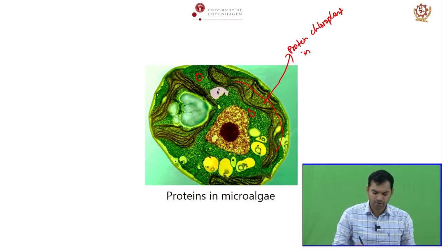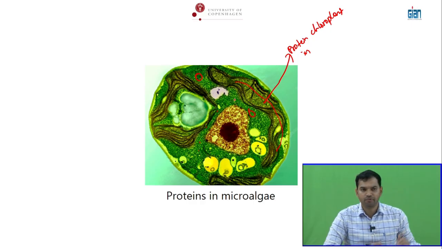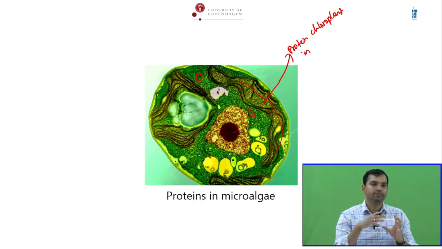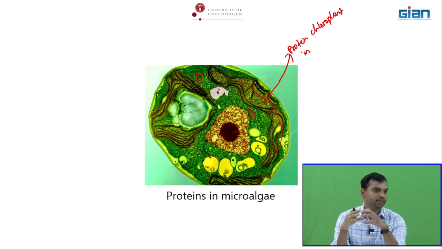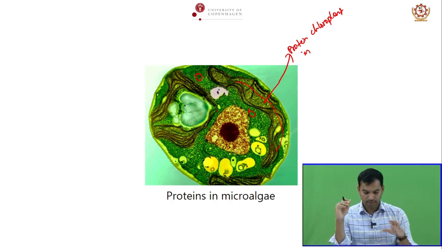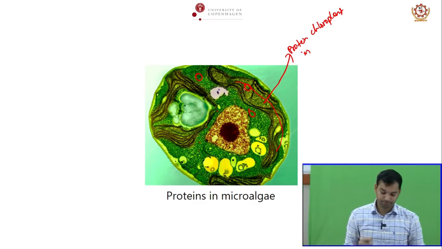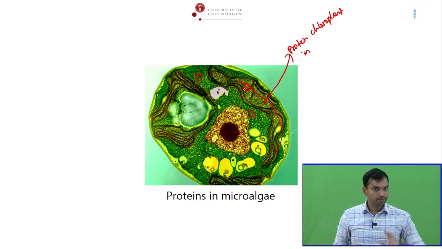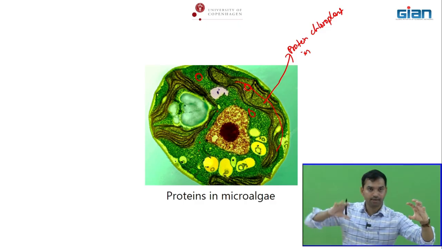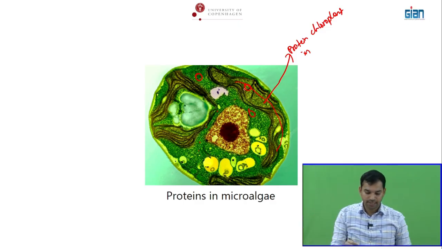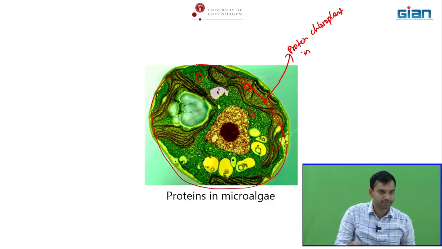And some people also say they are present in cytoplasm. I could not find very good literature to prove that one, but it's expected that they don't have specialized protein bodies in the microalgal cell. They're spread in the cytoplasm or in the chloroplast, especially in a certain location of the chloroplast. What is it called? Pyrenoid or something like that. Clear? So in plants, we have special protein bodies. In microalgae and other places, just spread across. But cell wall is always present, okay?